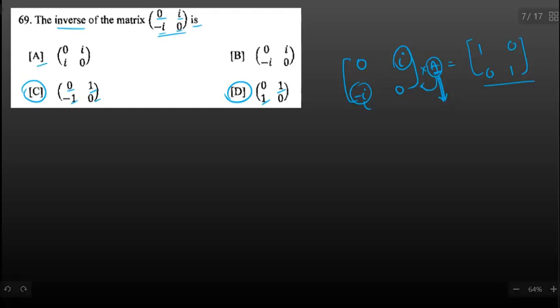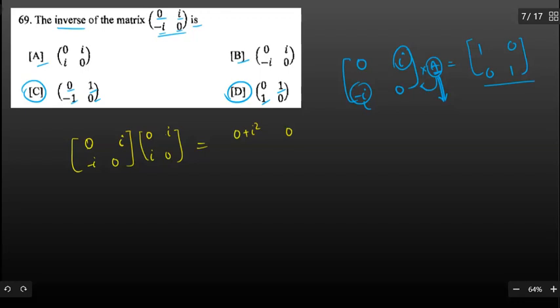So let us try with A and B. Okay, so with A, what happens? 0 I minus I 0. We have to find the inverse of this, multiplied by this 0 I minus I 0, and it gives 0 into 0 plus I into I, that is 0 plus I square. Then the second term will be 0 into I plus I into 0, that is 0.